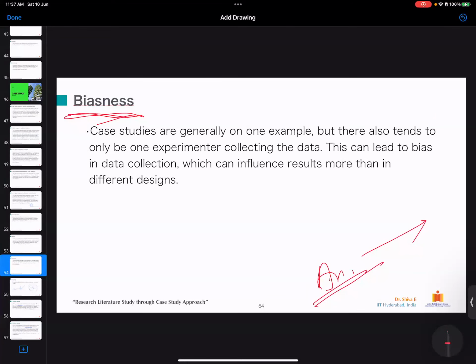That's going to be the common unique factor among all of the projects. So that's a kind of bias. So you have to see works of different architects also in the same typology of building you are studying, to counter that bias.